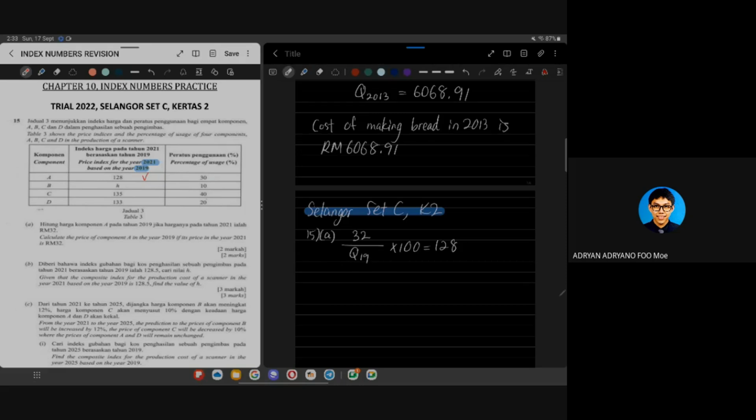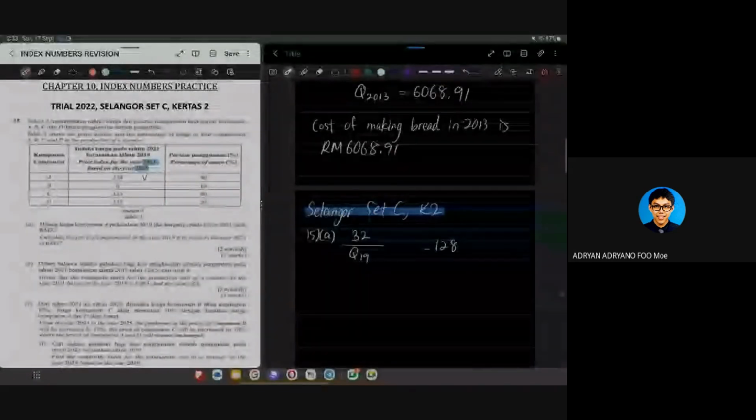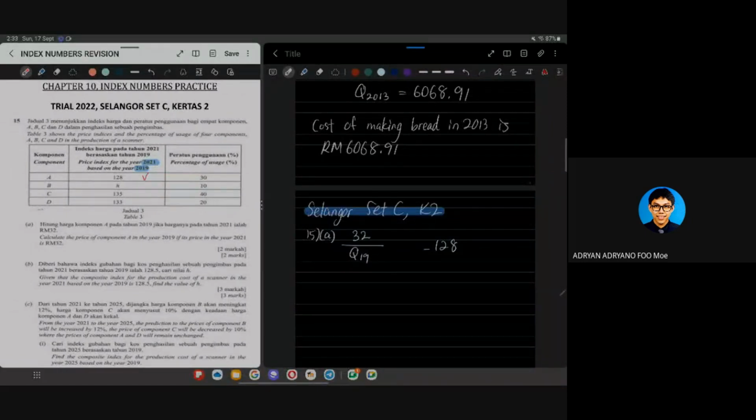Why? Because I'm scared I make a mistake. Sometimes people move it and times 100 becomes divide 100. Don't know why some students will write this times 100. So my safest is to follow the basics. Follow the basics, then only we move things around. So Q19 equals, okay, 128 divide 100, then 32 divide the answer, you get 25.